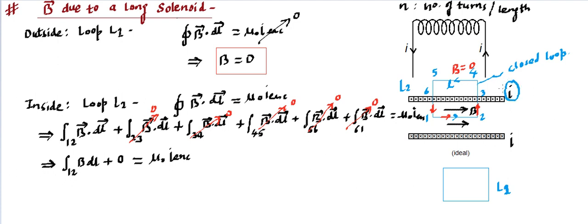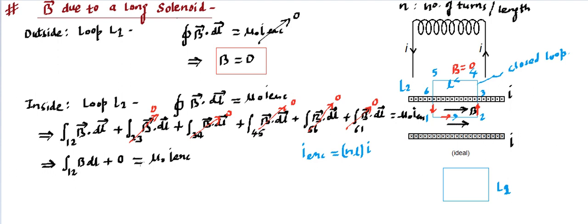So I is the current that runs in each turn, and there are n into L total number of turns. So we can say I enclosed is going to be equal to n into L, that's the total number of turns, into I, that is the current, and this n into L is the total number of turns which are inside the Amperian loop.